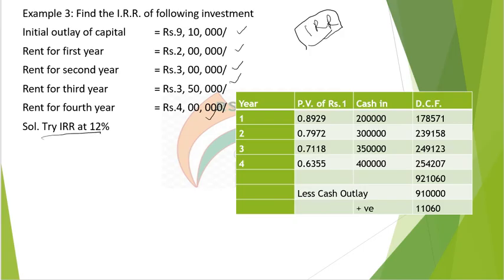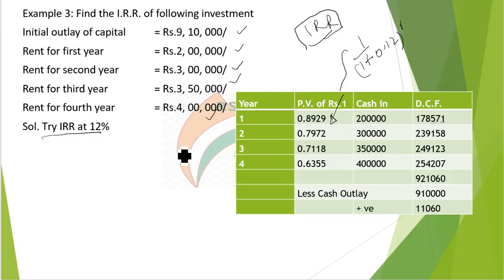So at 12%, present value means you put this formula: 1 over (1 plus 0.12) raised to power 1. That factor will come out to be 0.8929. So cash inflow is 2 lakh, so the discounted cash flow will be 1,78,571.